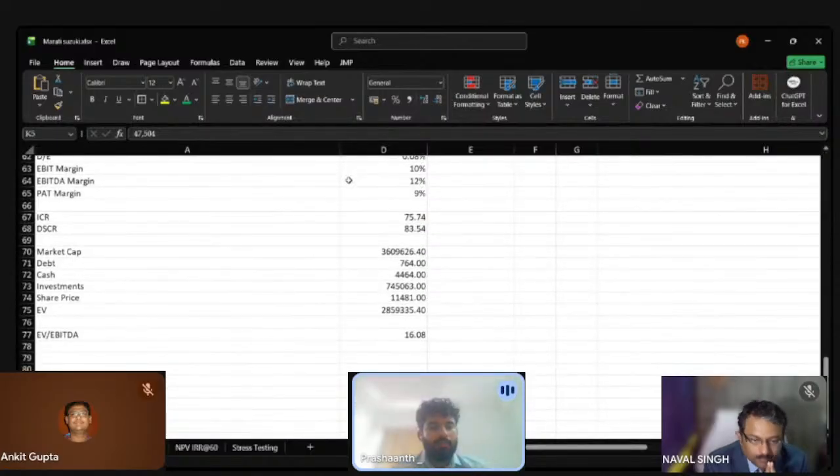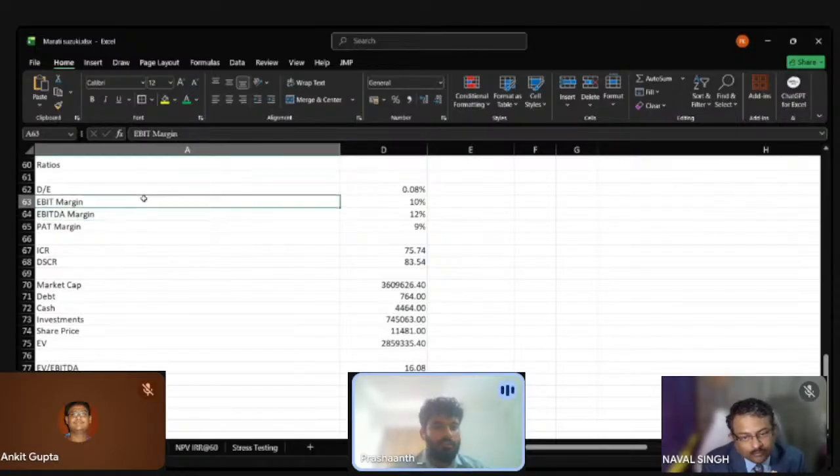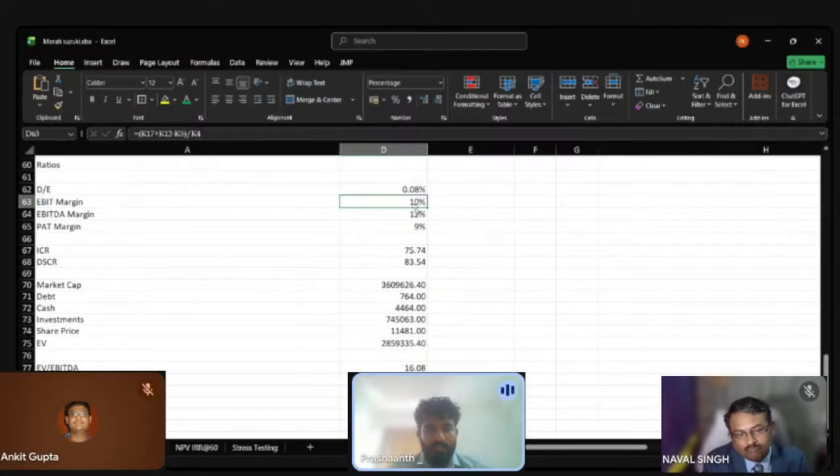Wherever there is EBITDA and EBIT, I have only taken adjusted EBIT and adjusted EBITDA, where I've basically just subtracted this figure from the total income. After doing that, we observe that the EBITDA margin is around 12%, EBIT margin is 10%, and PAT margin is 9%. So it is all fairly close together.